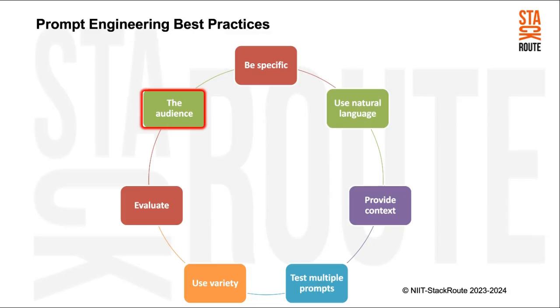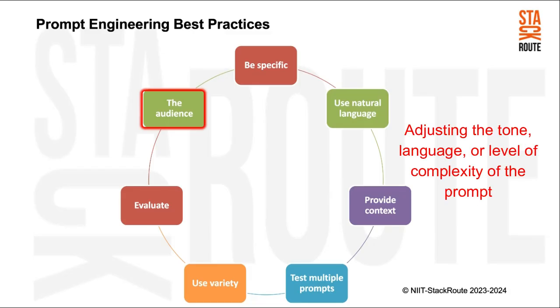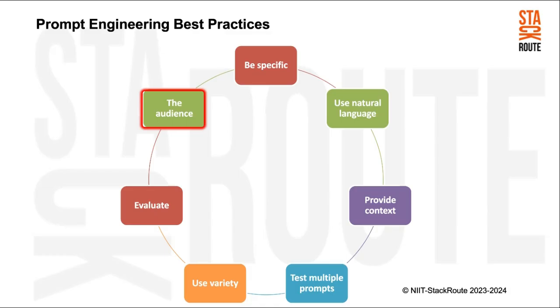This could involve adjusting the tone, language, or the level of complexity of the prompt to match the needs of the user. By following these practices, you will be able to write effective prompts that can generate high quality and relevant outputs from ChatGPT.